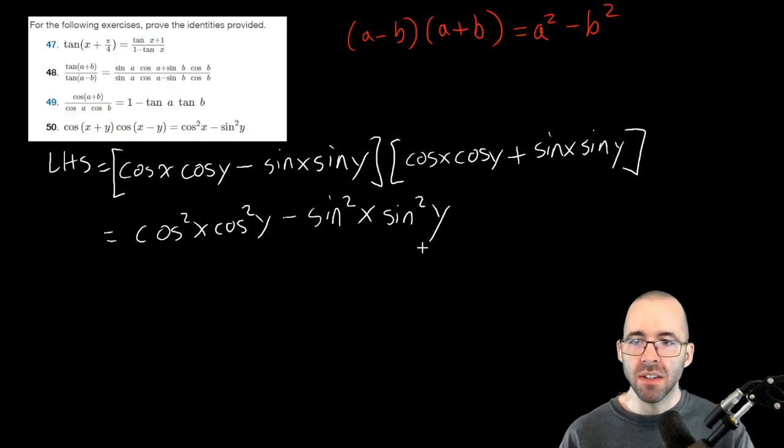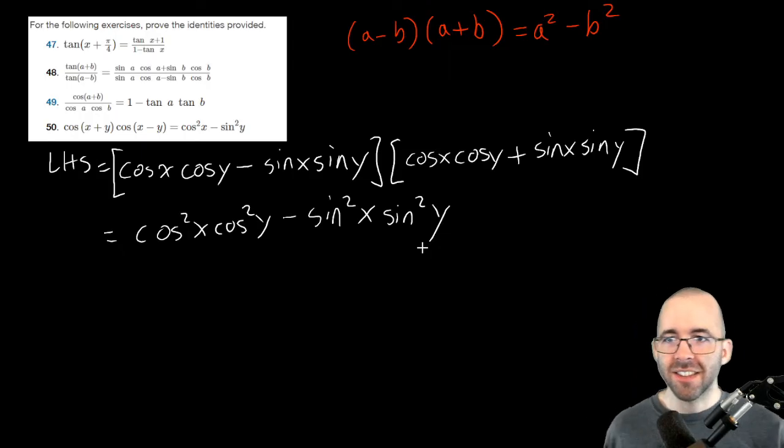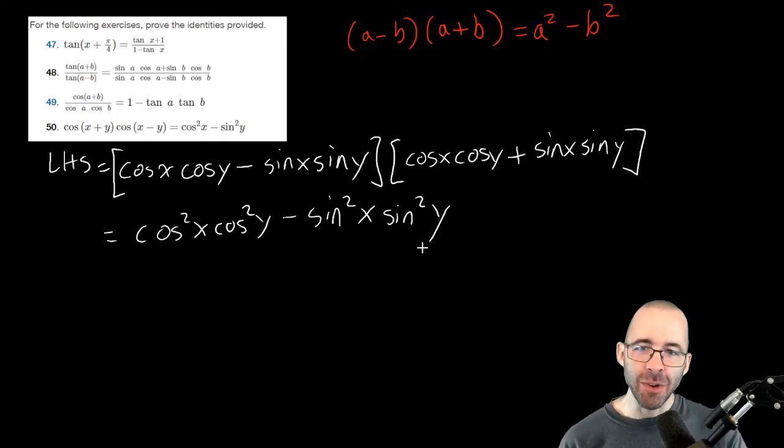Wait, hold on. I'm losing myself. Okay, great. So now think of where we're trying to go. Hypothetically, if we paused a little bit, we're trying to get to cosine squared of x minus sine squared of y.